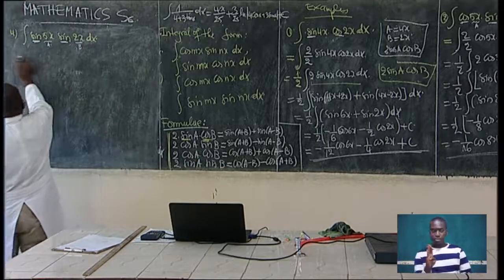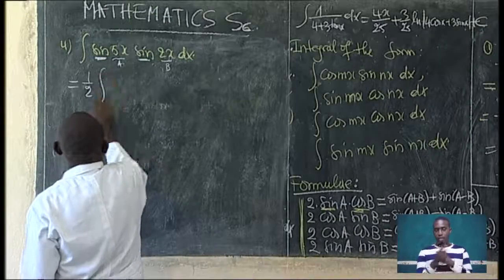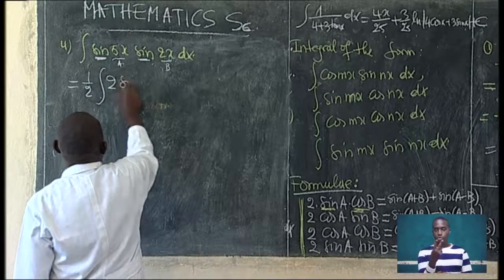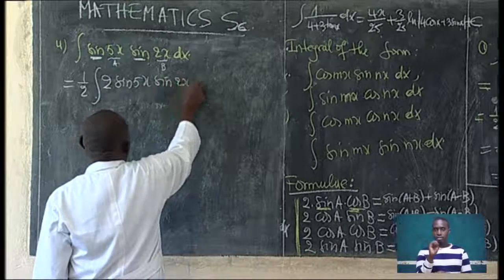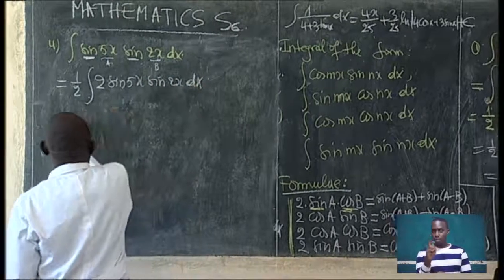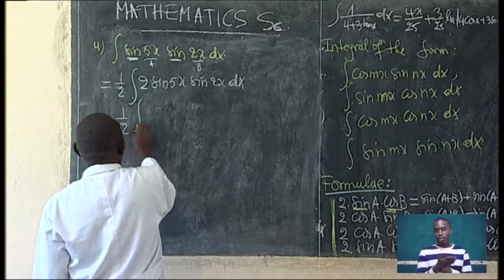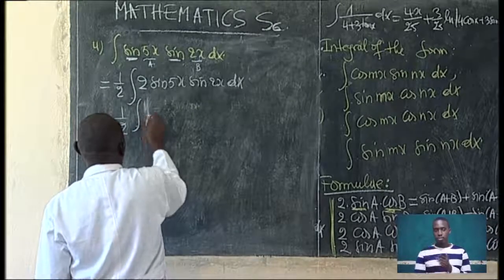So it means that you have a half integral of 2 sine 5x times sine 2x dx. And this is a half integral of what? Oh, sorry.